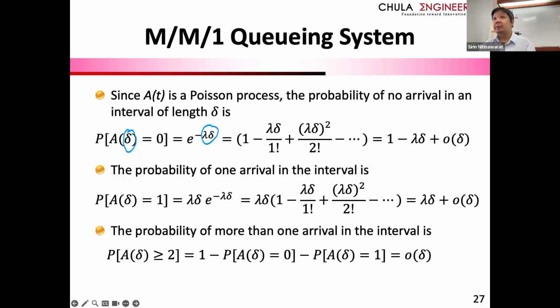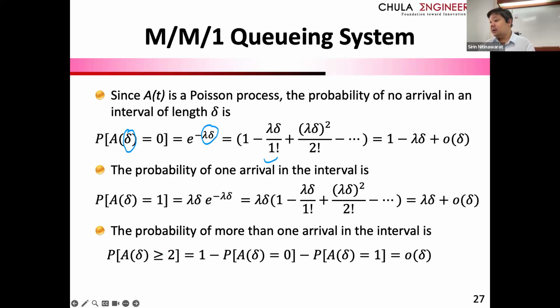There are infinite terms. The first one, of course, is a constant; it will always be there. The second term is linear in delta. What about the rest of the terms? They are super linear in delta.